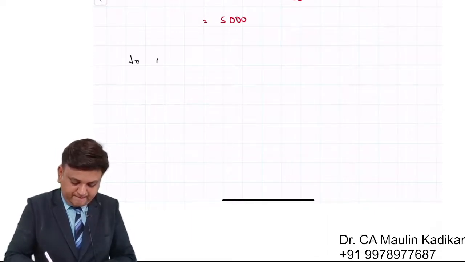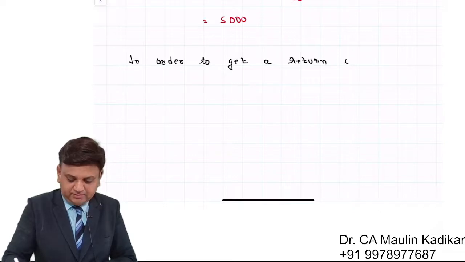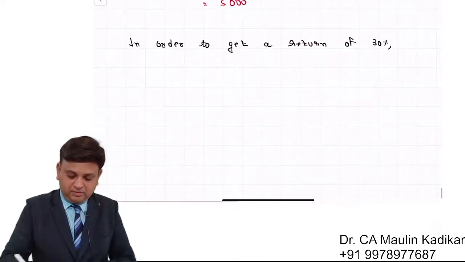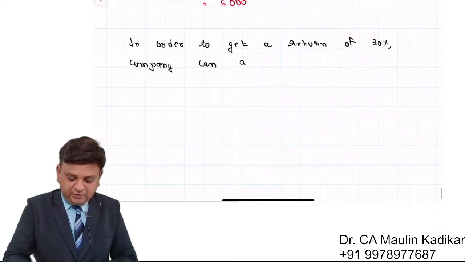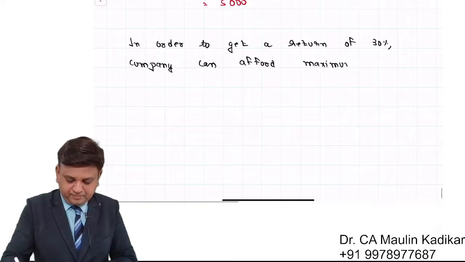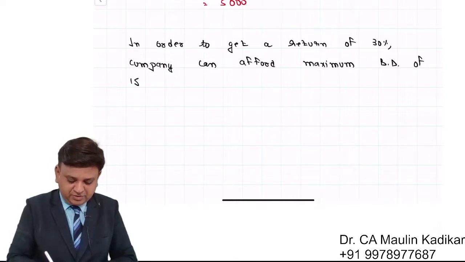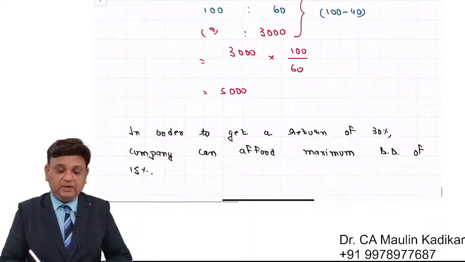In order to get a return of 30%, the company can afford maximum bad debts of 15 percent. Full stop. With paragraph, read down.